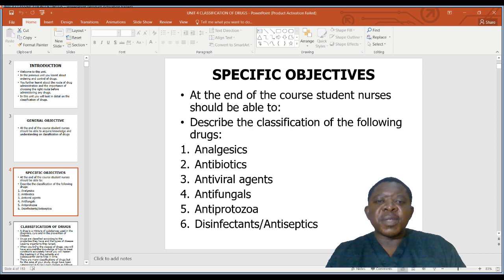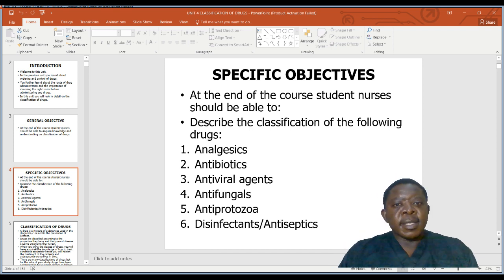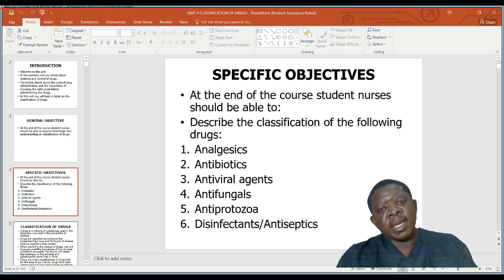Antiseptics are not antibiotics. These are used topically for infection that is on the skin. So these are the 6 groups of drugs that we are looking at.